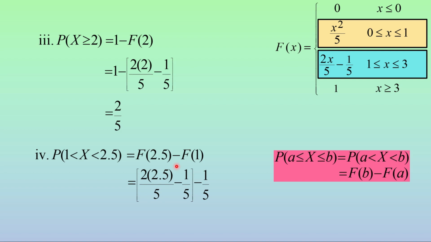Then substitute into the function. So for F of 2.5, substitute 2.5 into the function, and for F of 1, we can get the answer from the previous solution. So the answer for the probability is equal to 3 over 5.